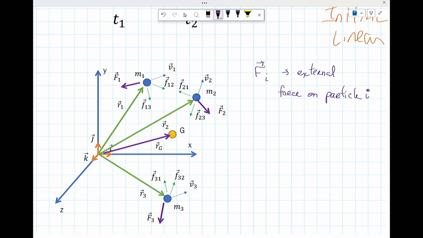So if I want to define the external force, I'll define it for each particle as F sub i, the external force on particle i.